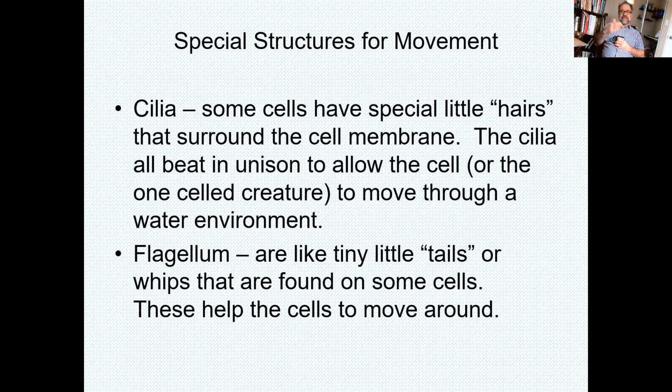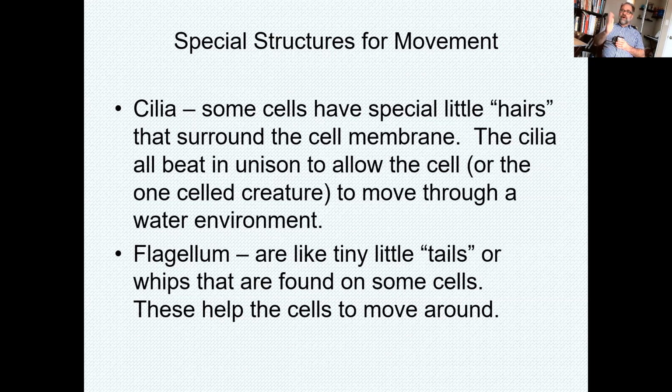And what they do is they all kind of go in motion and they work together to usually move water or to propel a living thing around water. Okay, so they're like oars when you see people that are in rowboats and they use the oars and they row the rowboat together. That's what cilia are, tiny little hairs.